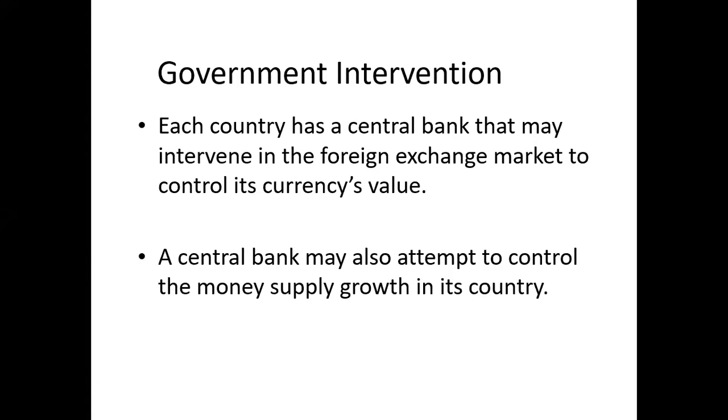The government can reduce money supply in the system. When money supply reduces, the demand for foreign currency will fall. And when the demand for foreign currency falls, the exchange rate is going to fall. So the government can indirectly influence the exchange rate by affecting the factors that determine exchange rates.